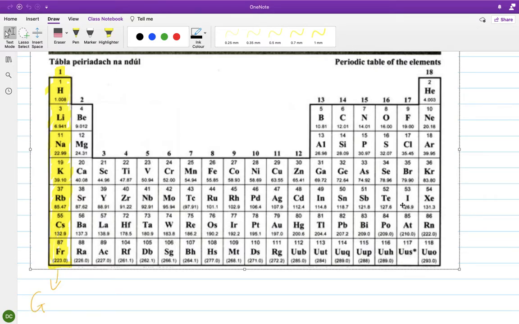What it means to be group 1 is they have 1 electron in their outer shell.